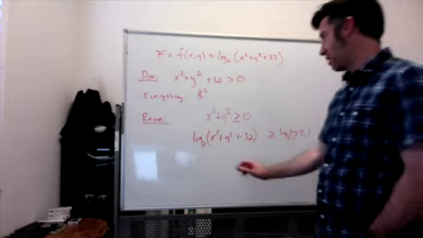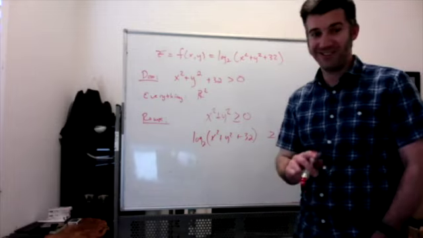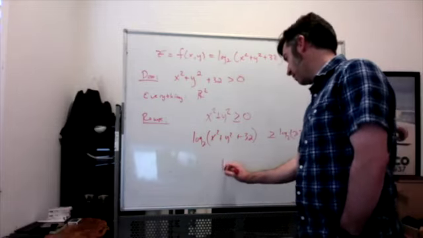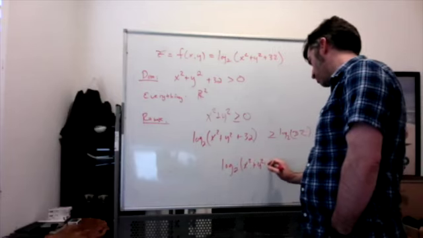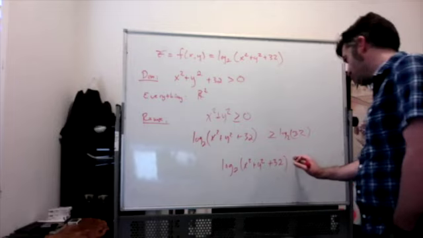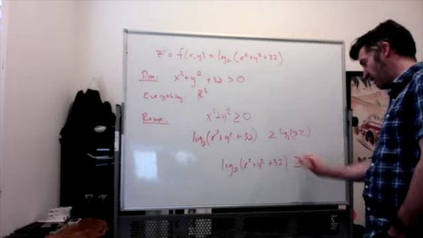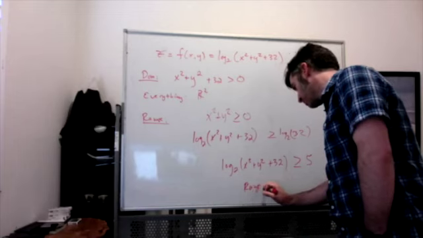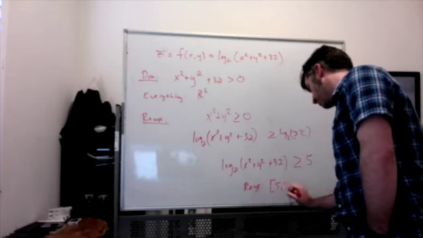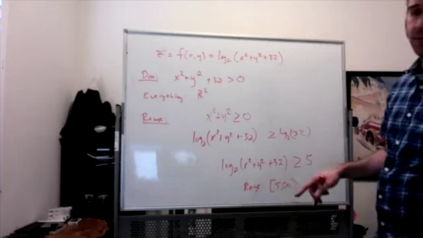So here I'm getting that my function log base 2 of x squared plus y squared plus 32 is greater than or equal to log base 2 of 32, which is 5. So my range here is 5 to infinity.